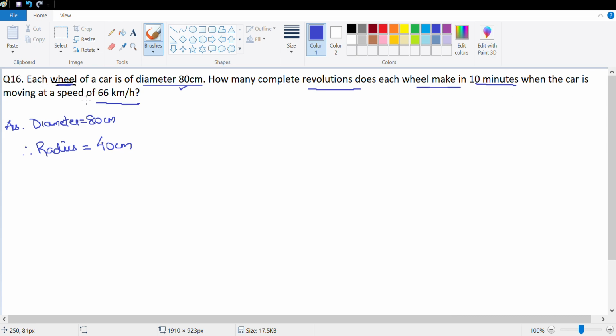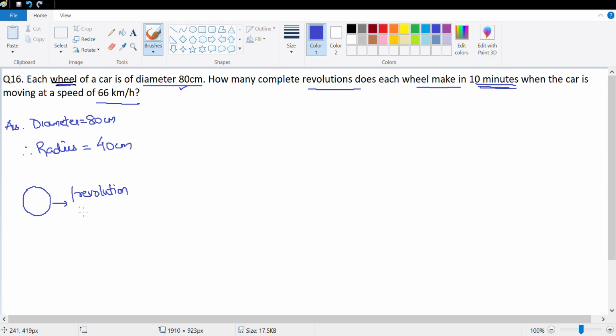Okay, so let's just figure out how much distance it moves in 10 minutes at 66 kilometer per hour. Let's just find that out, because one revolution of a circle, one revolution distance, is basically the circumference.